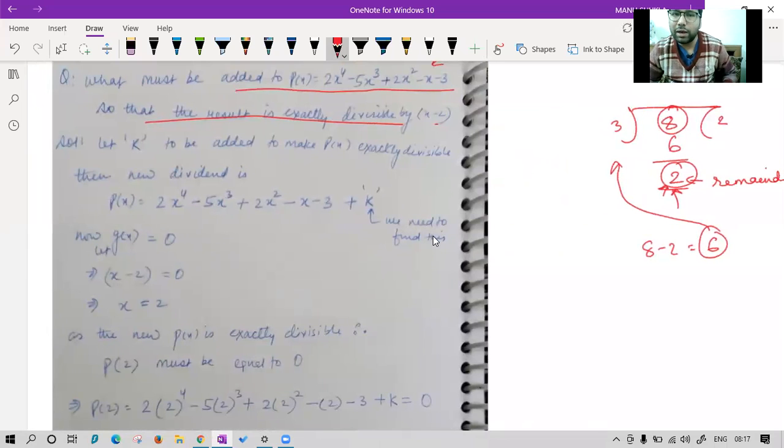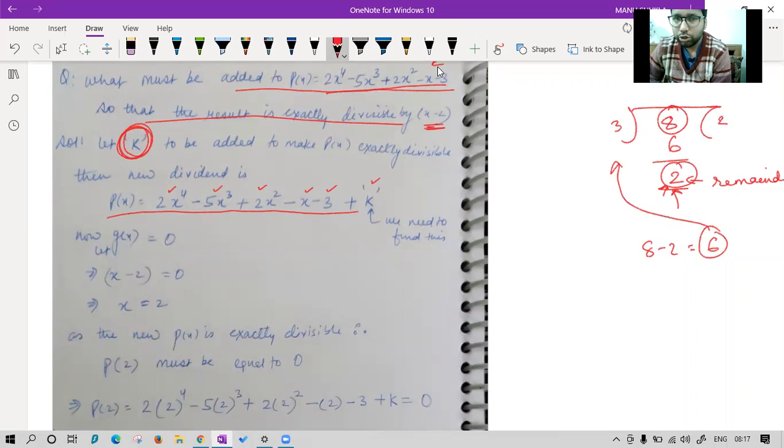In this, we have to add something in the p(x). We don't know what is the number, so we assumed it to be k. We assume that we have to add a number k in this polynomial so that it becomes divisible by our g(x) or x minus 2. So the new polynomial becomes 2x^4, 5x^3, 2x^2 minus x minus 3 plus k.